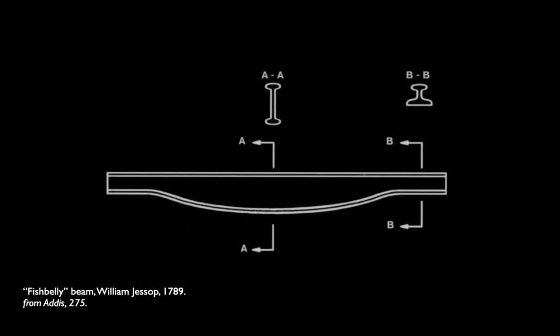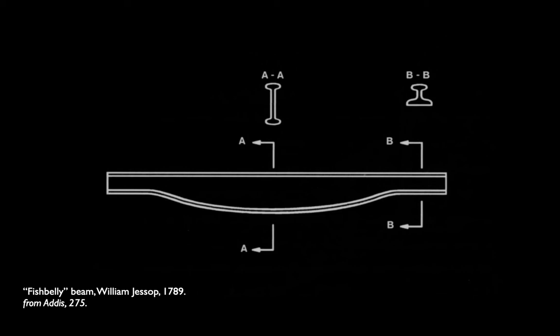Now, there's some other interesting quirks that I find really fascinating as builders and building scientists are trying to figure their way basically to the I-beam. There is a whole series of mills that takes advantage of the casting process to make what are called fish belly beams. Here you can see that the longitudinal section looks exactly like the combination of a shear moment diagram that you all are used to from structures classes.